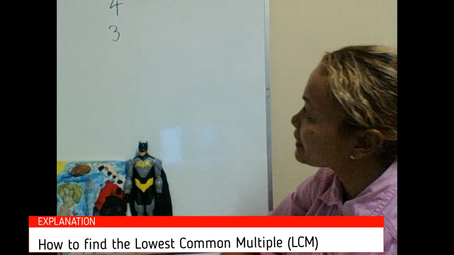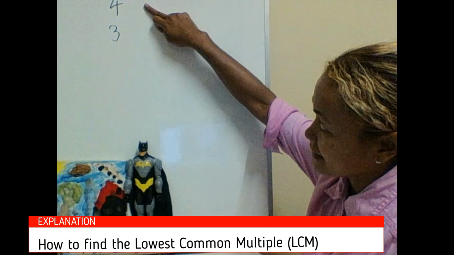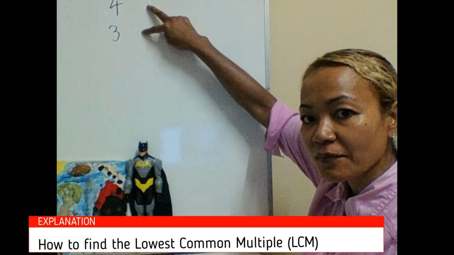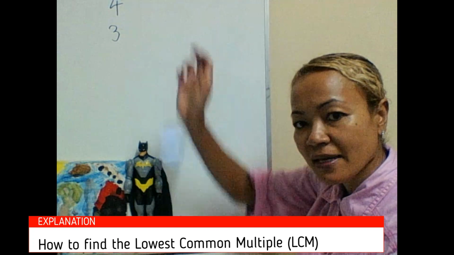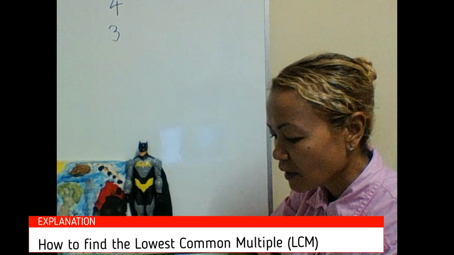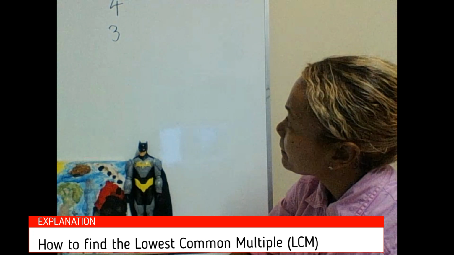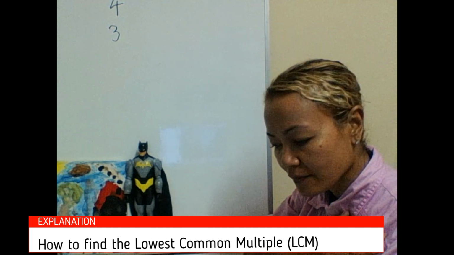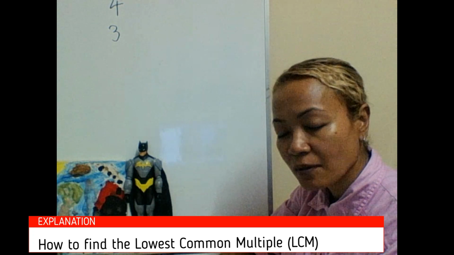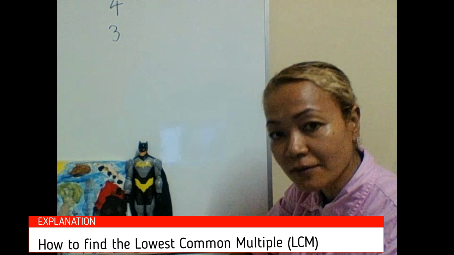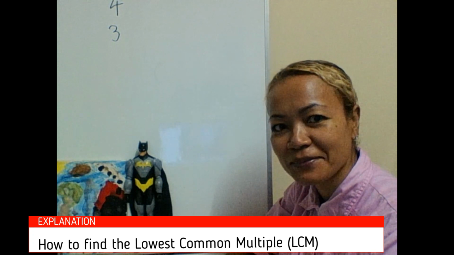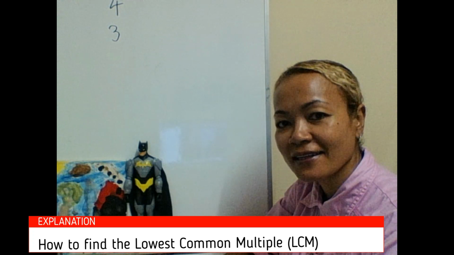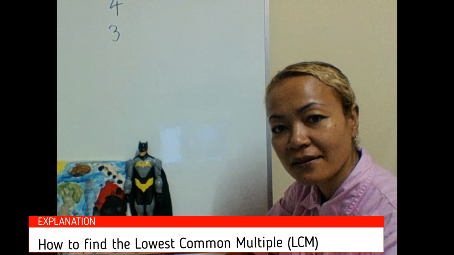So the first one, for either one of them, that is the same as the multiple of the other. And two numbers may have many common multiples, but we want to find the smallest one, the least one, the lowest one.